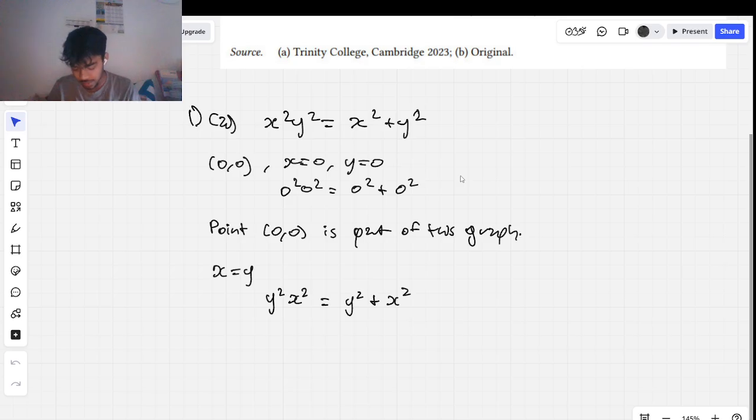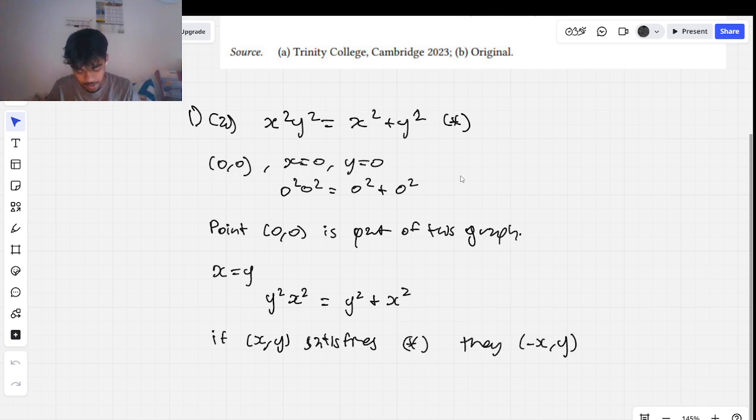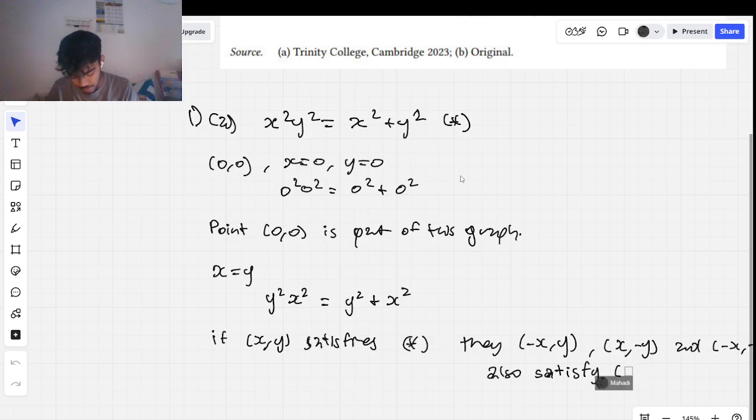And I can also say, that reminds me of, if (x, y) satisfies this, then (minus x, y), (x, minus y), and (minus x, minus y) also satisfy the above expression.